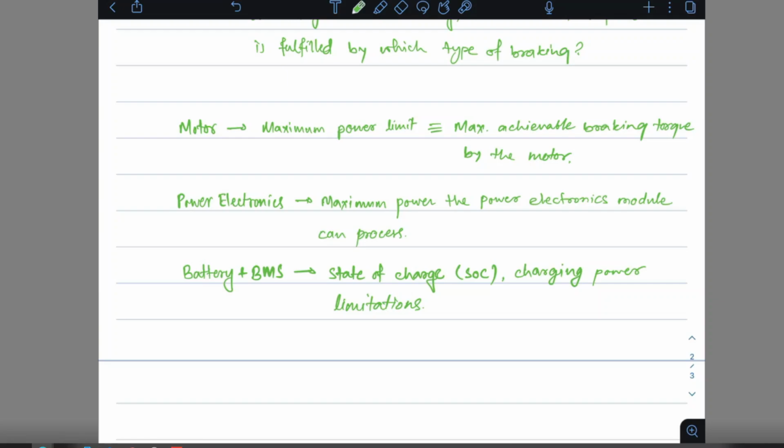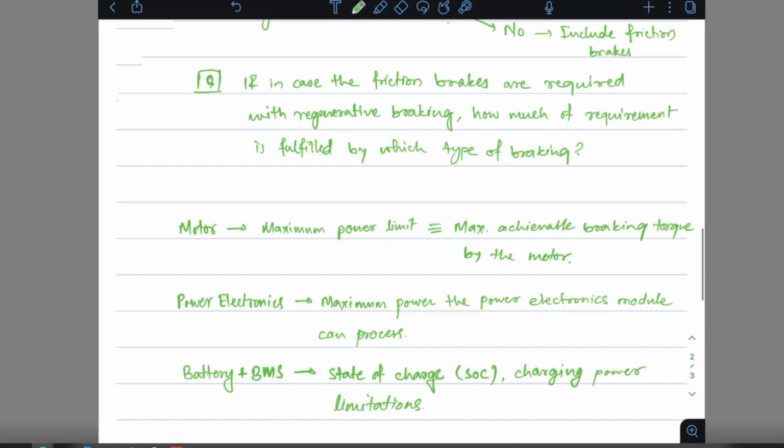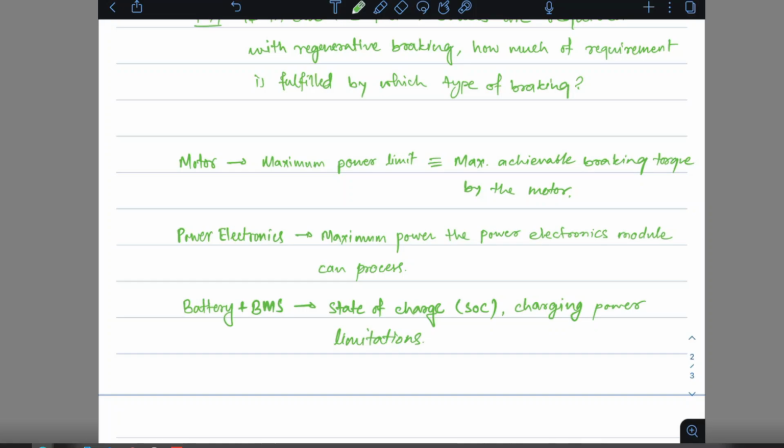If you are not able to put that power in the battery, it has to be dissipated by the friction brakes. So as you can see, it's not that straightforward, even in principle, that we can just expect the motor to run in reverse mode and charge our batteries.